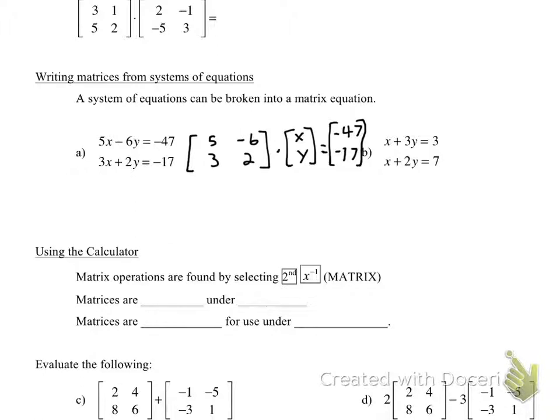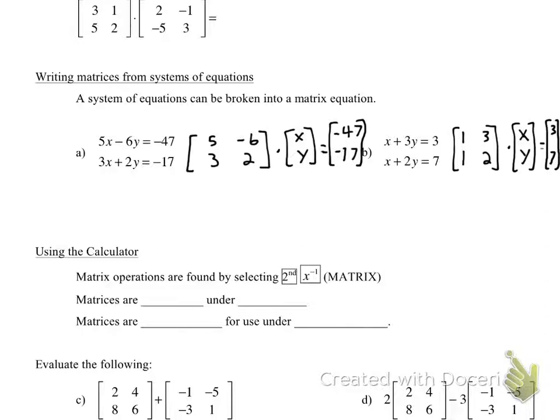And then that equals a matrix of what the two equations equal. Again, I set that up into a matrix equation. I've got my coefficient matrix, my variable matrix, and my solution matrix.